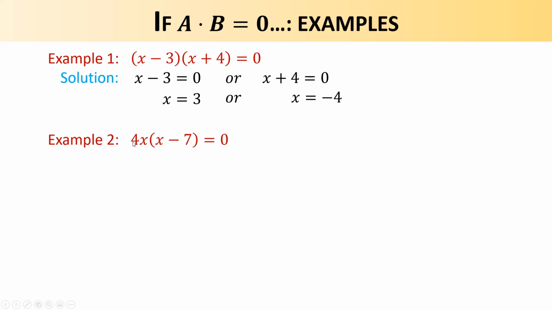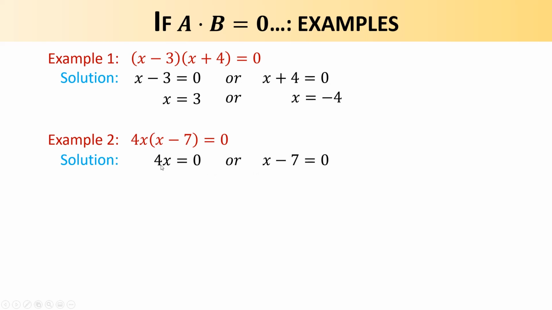Another example, again a product of two factors, 4x multiplied by x minus 7, and the result is 0. So that means that one of these two factors has to be 0. So either 4x has to be 0, or x minus 7 has to be 0. And now we can look at both of these equations separately.